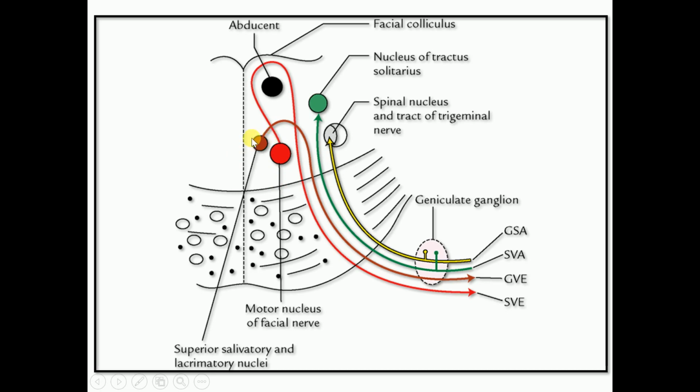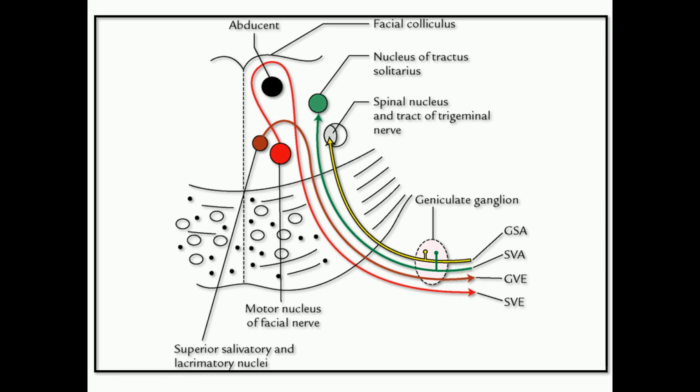There is the presence of the superior salivatory nucleus. So these are the preganglionic parasympathetic fibers arising from the lacrimatory as well as superior salivatory nucleus present within the brainstem and supply the secretomotor fibers to the lacrimal gland as well as the submandibular and sublingual glands.